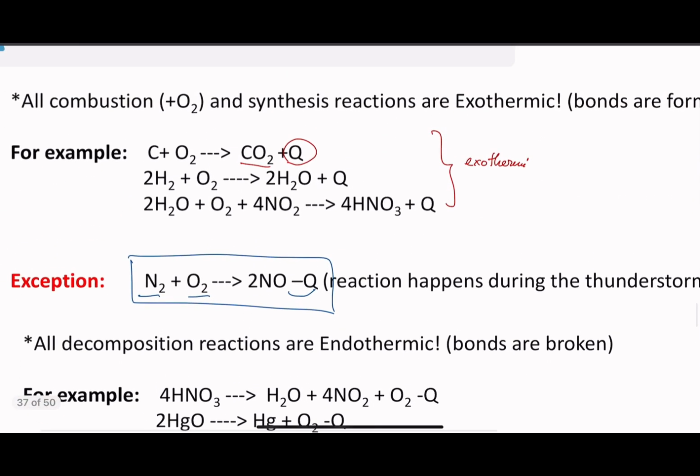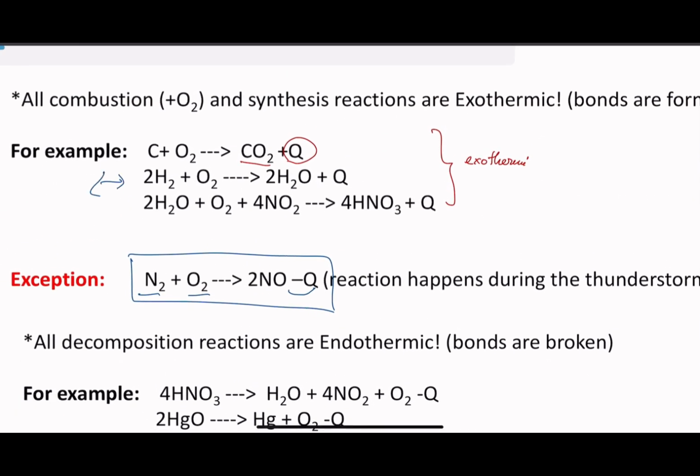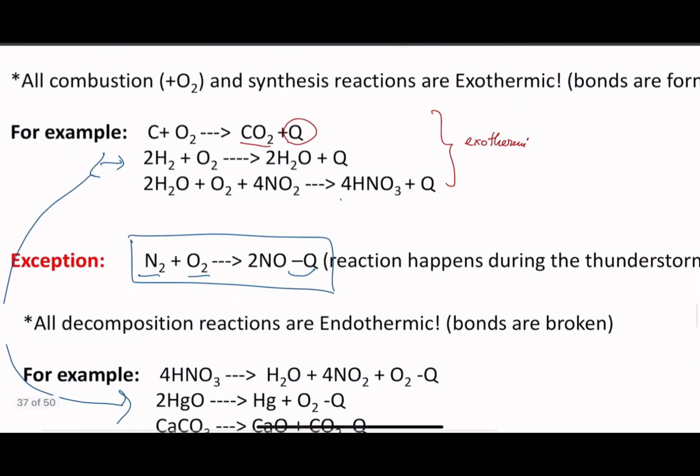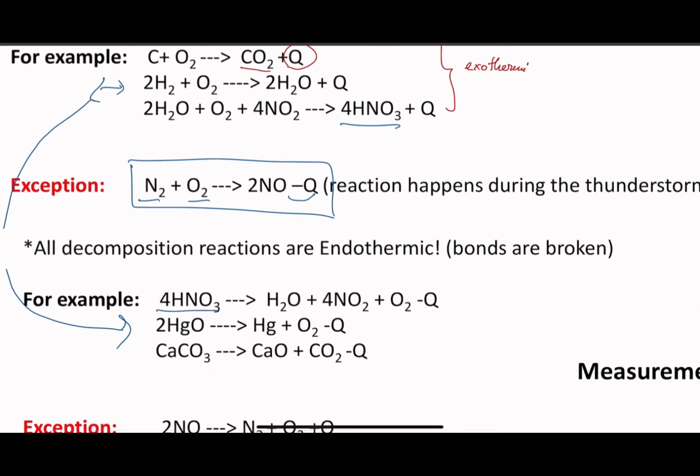And then if I just flip these reactions and I write them like this, HNO3 is going to be the reactant on this side, and I'm just writing everything down here. Let's write it together. So let's do the decomposition of HNO3. So 4HNO3 giving the product of 2H2O and then O2 and then 4NO2, right? And as you see, the Q was on the left side.